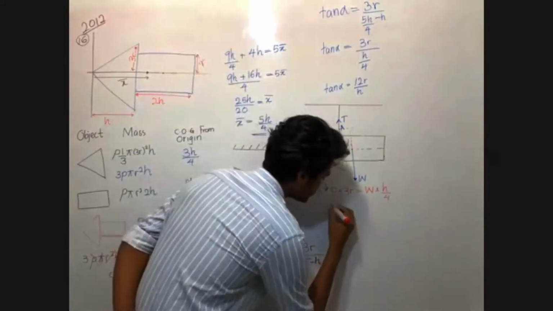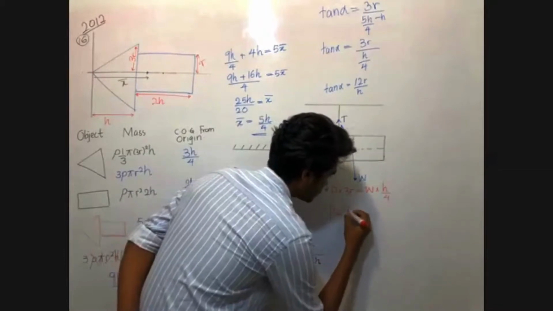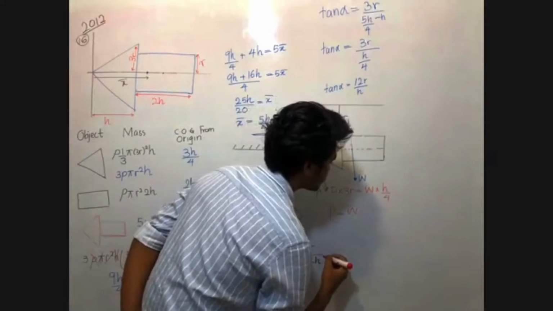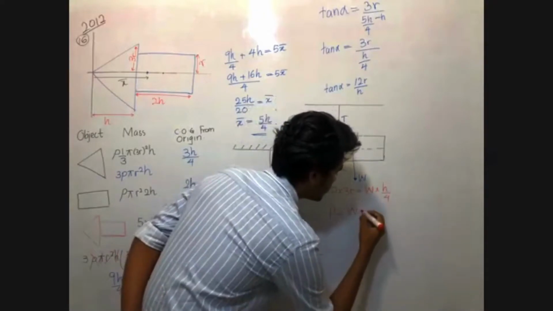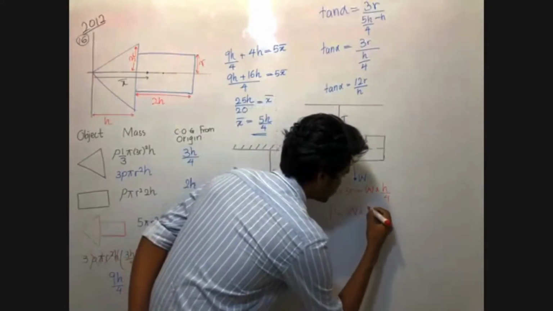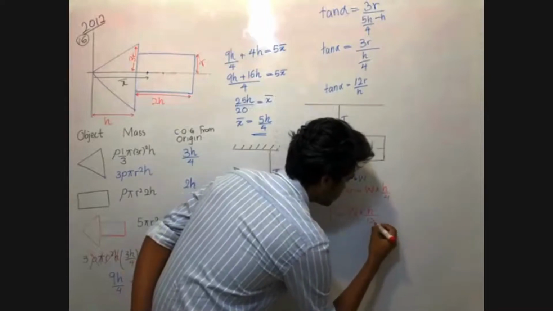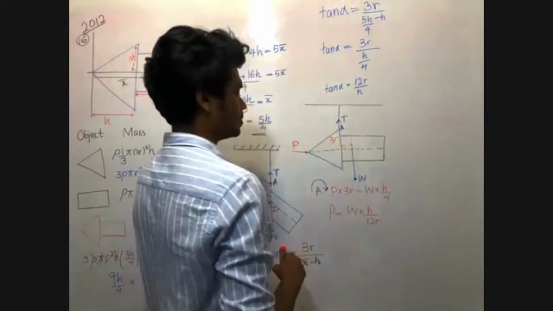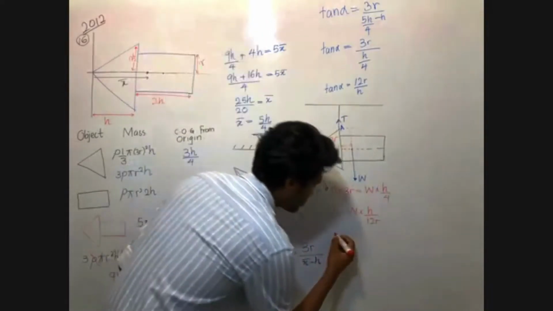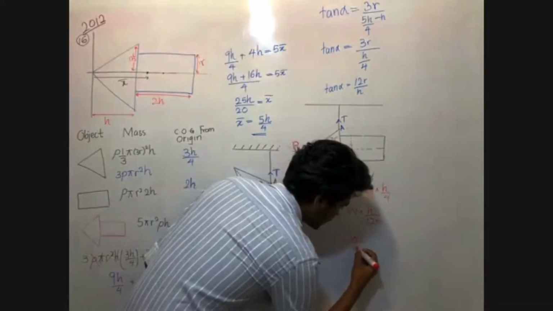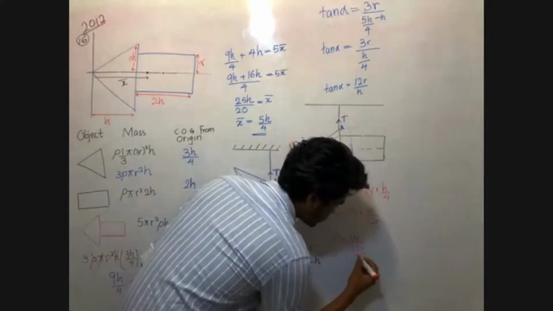So P is what then? P is equal to W into H over 4, divided by 3R. That is, W times H over 12R.